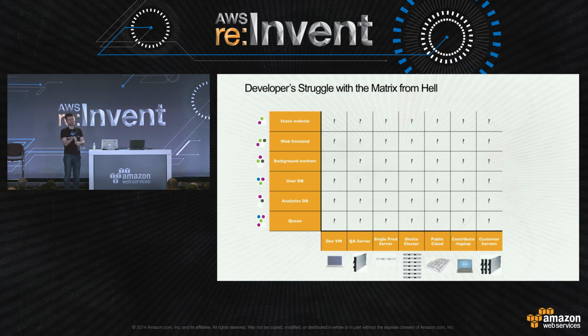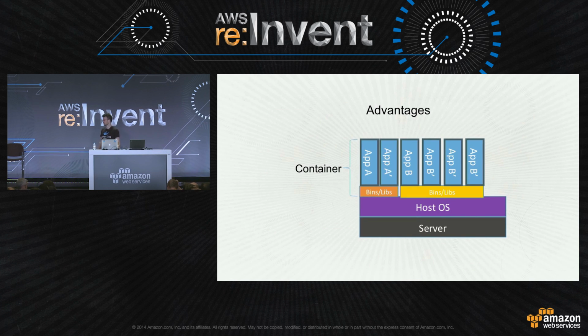God help you if you have applications that are written in different languages or different paradigms, right? Because then suddenly you're juggling bundler and pip and npm and so on. And so you get this matrix from hell where you have all these different environments that you want to run something in, and all these different things that you want to run, and it looks slightly different in every place. And what Docker wants to do is solve that.